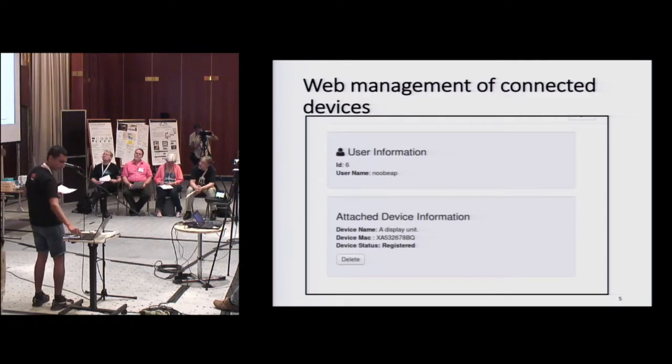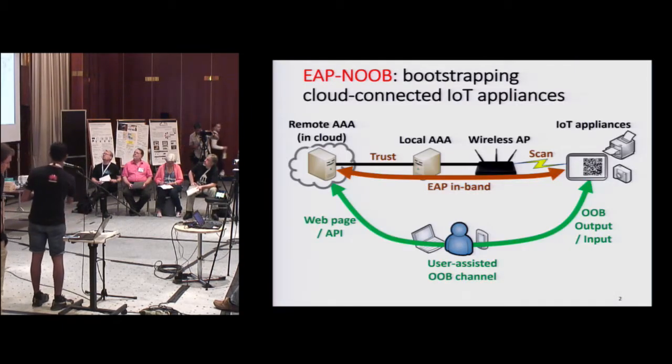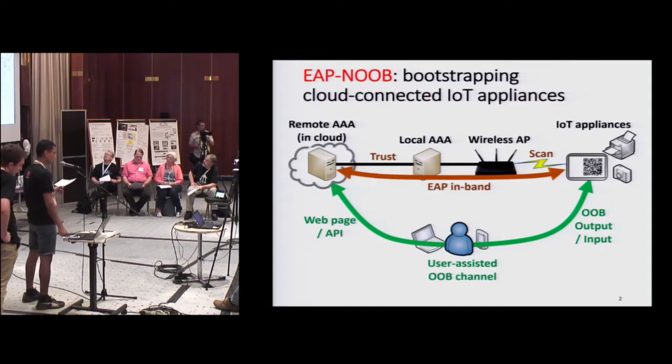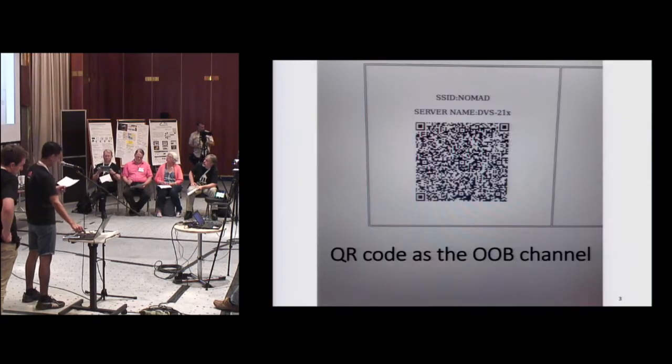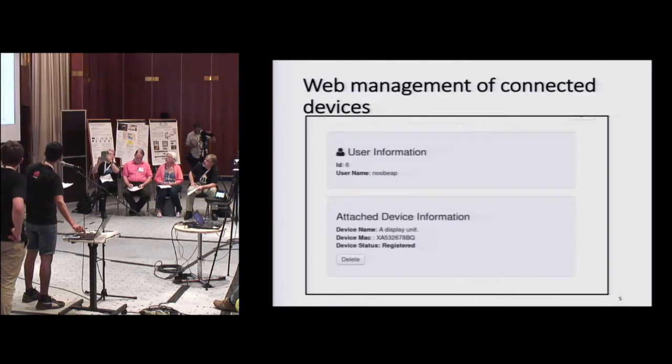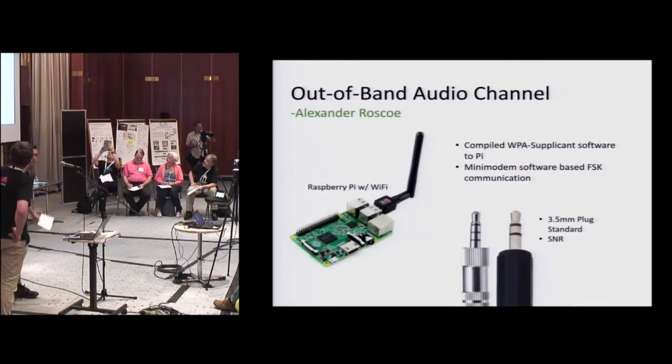Here you see a local AAA and a remote AAA in the cloud, getting that to proxy properly. And yeah, QR code was one example. We also tried to get it working with audio, and I guess Alex will talk about it.